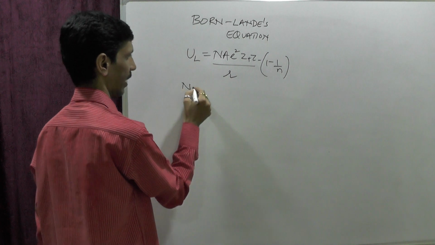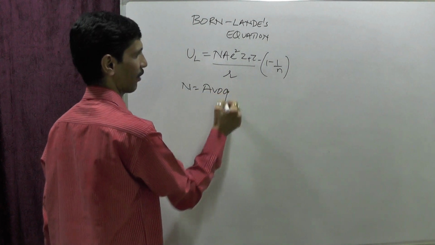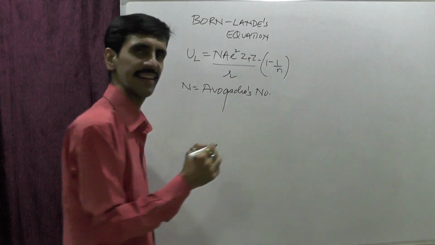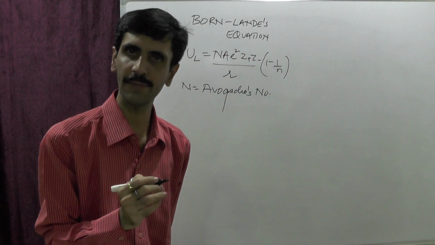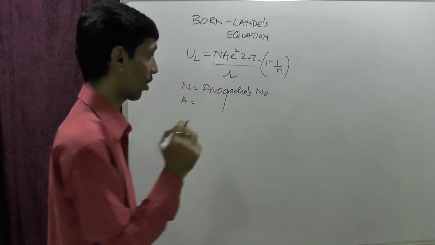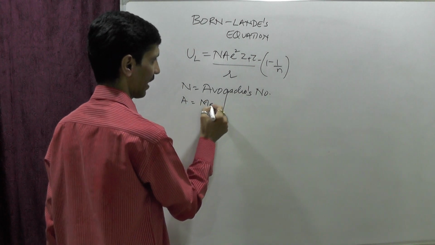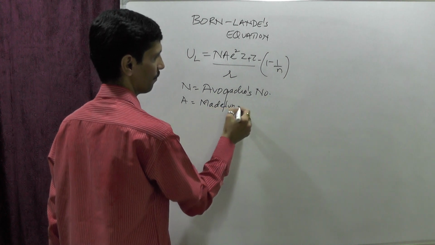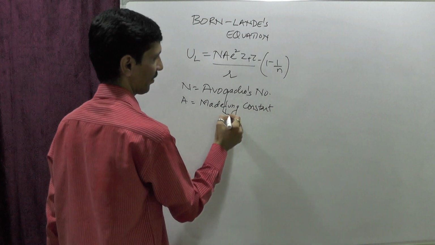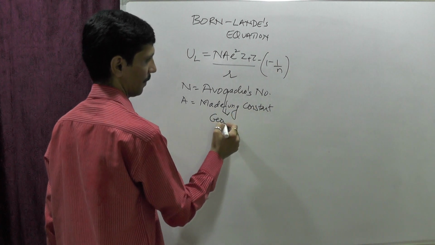The first one is N_A. Everyone knows this: it is Avogadro's number, and you also know its value, that is 6.023 into 10 raised to 23. After that we talk about A. A is a constant, which we call the Madelung constant, and it is related to the geometry of the crystal.